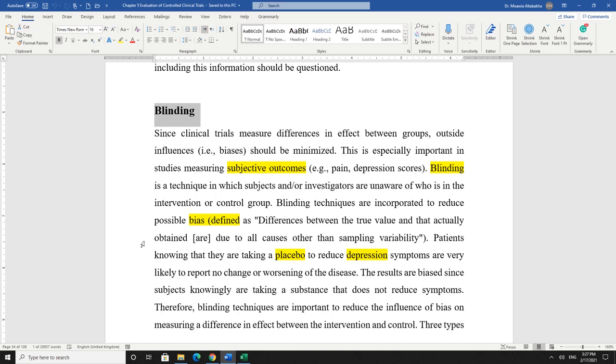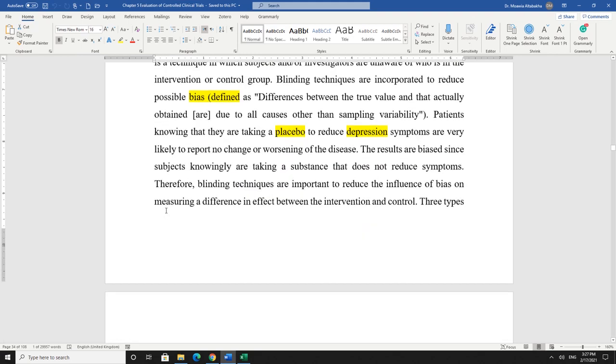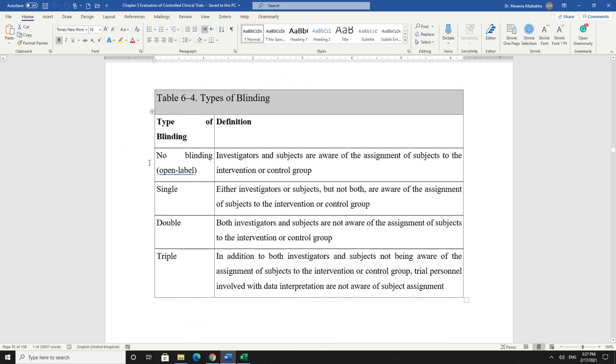So these clinical trials will need to include blinding, and blinding means that the investigators and or the subjects receiving the treatments are not aware of their assignment, whether they are taking the active drug or the placebo. Now there are three types of blinding, and I will go through them here and talk about them. One, there is no blinding, we call it open label.